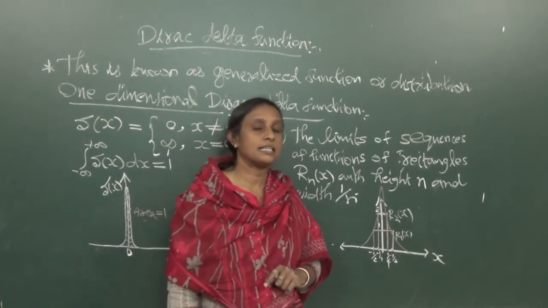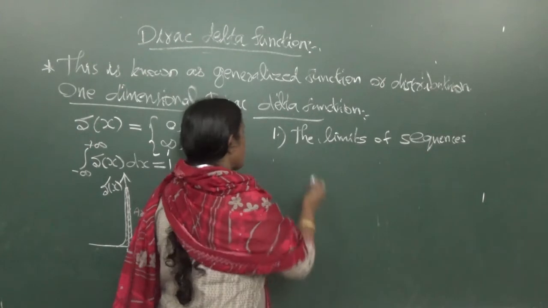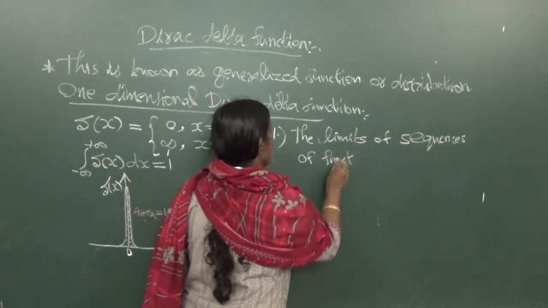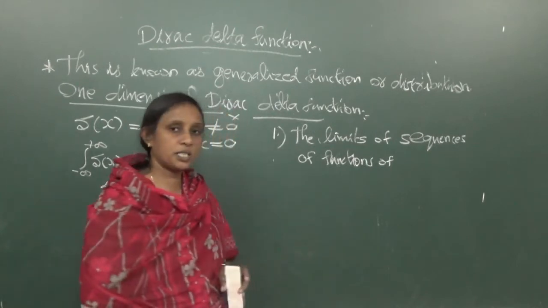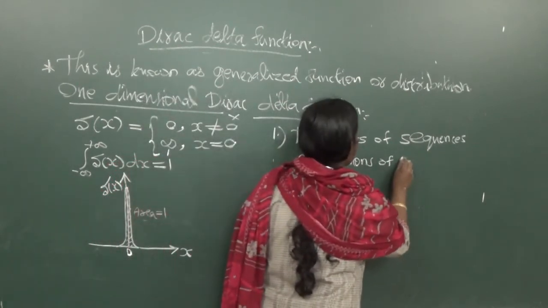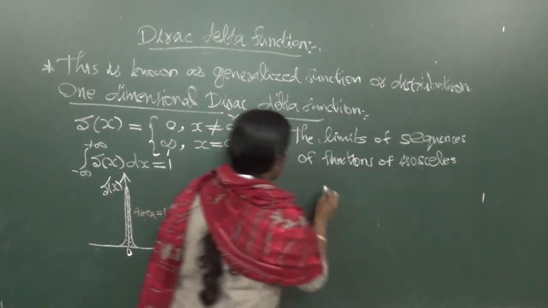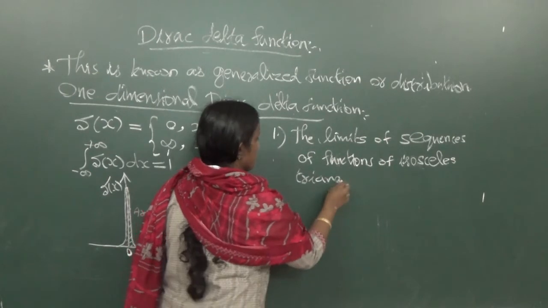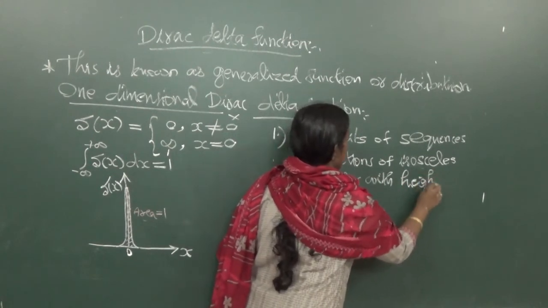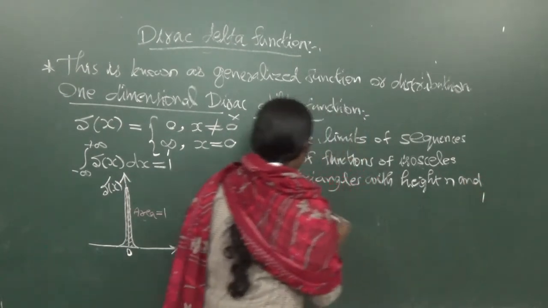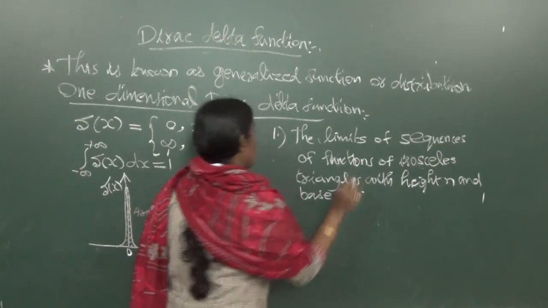The next thing is isosceles triangular functions: the limit of a sequence of functions of isosceles triangles with height n and base 2 by n. Base 2 by n.